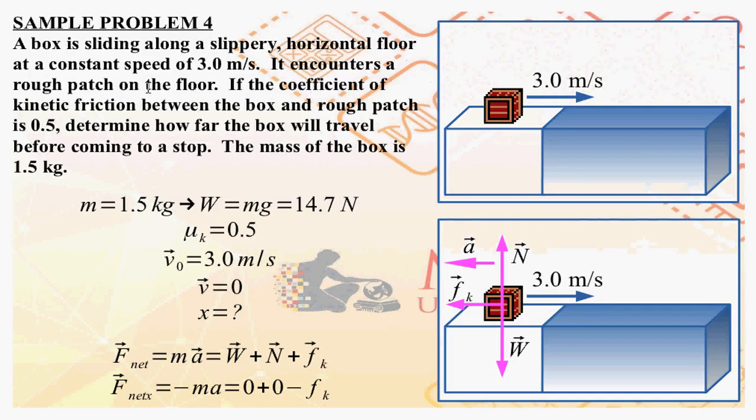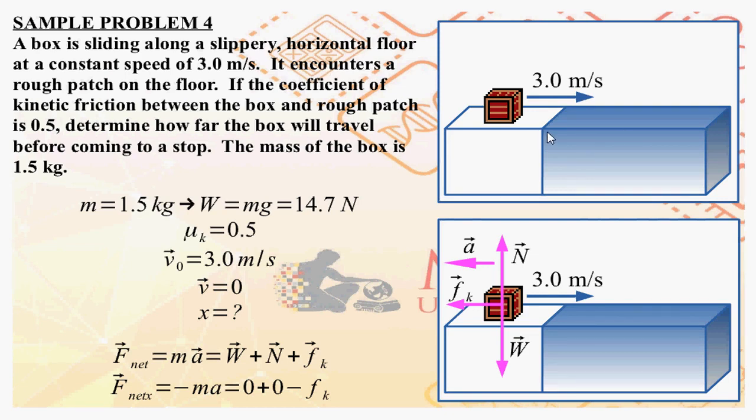Next, we have the following example. Sample problem 3. You have a diagram of a box sliding at 3 meters per second. Initially, the surface of the floor is slippery, so we can consider it to be frictionless.